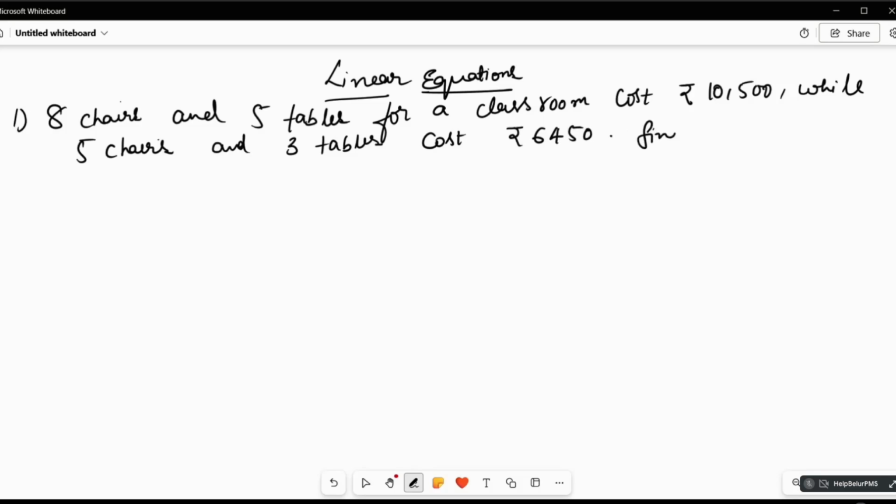Find the cost of each chair and that of each table.